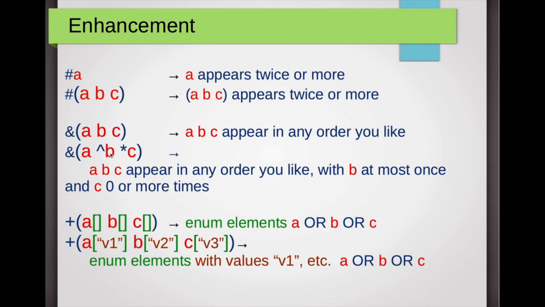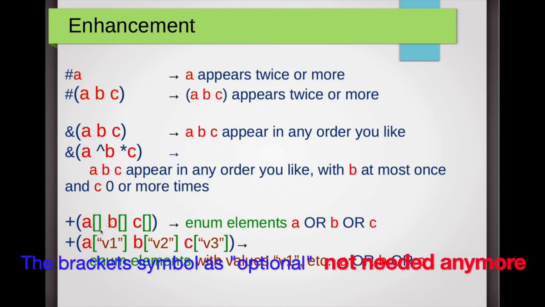If you combine the operators like this, it may be more complex. I mean, the meaning will be more complex, but the notation is really simple. And if I use this plus, I don't need the brackets anymore.